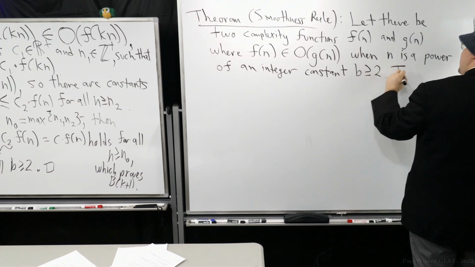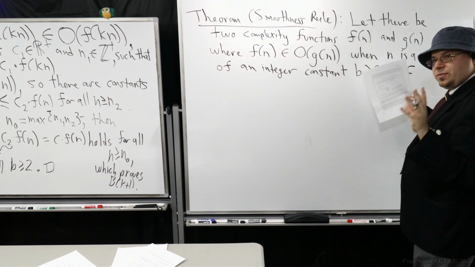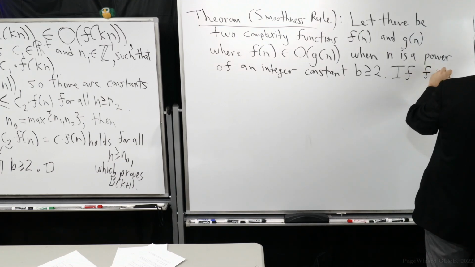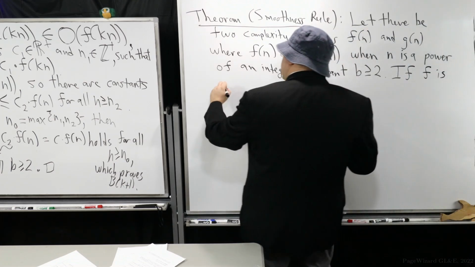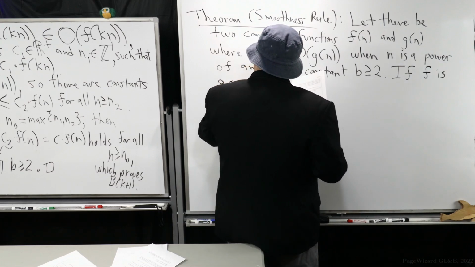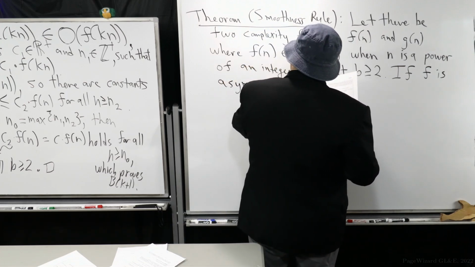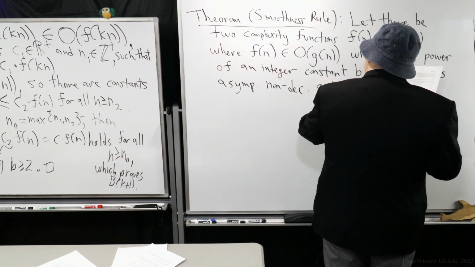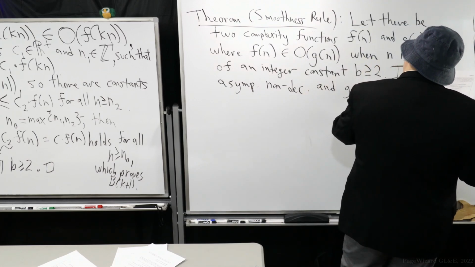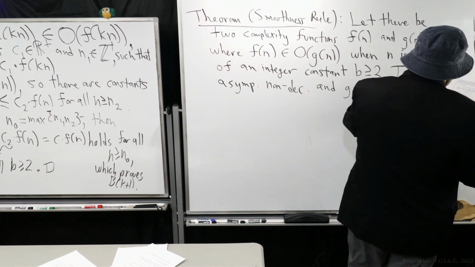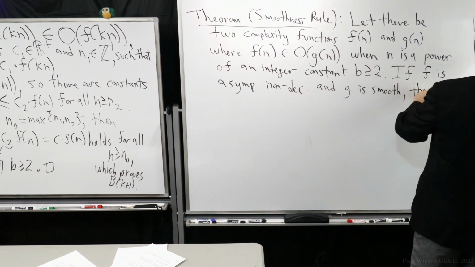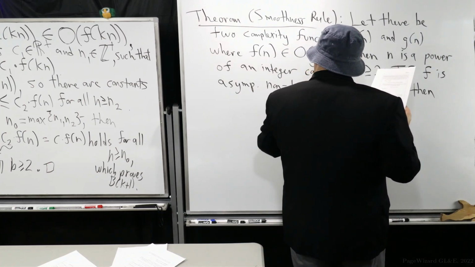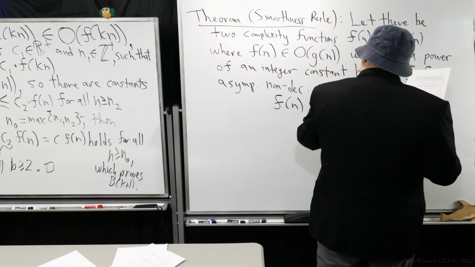So remember the characterization that we need for the smoothness rule is as follows. If f is asymptotically non-decreasing, and g is smooth, then it has to be unconditionally that f is big O of g.